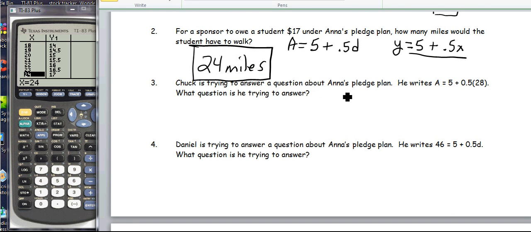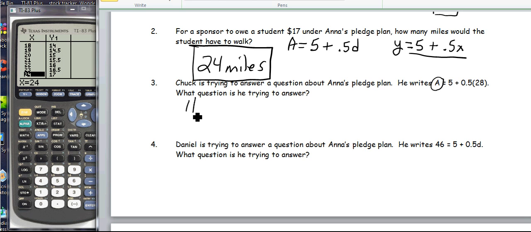Chuck is trying to answer a question about Anna's pledge. He writes A equals 5 plus 0.0528 times 28. Well, what question is he trying to answer? Well, we look at what is it that we have that's a variable still. We have A, which stands for the dollars.